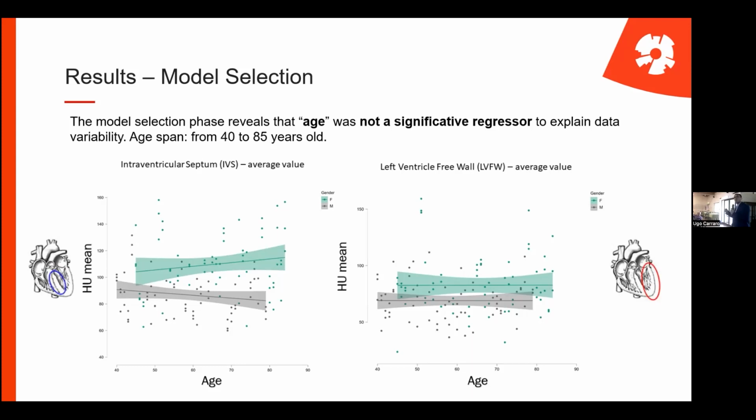In both regions, IVS and left ventricular free wall, there's no clear trend of the parameter, in this case the Hounsfield unit mean, over age. And also in this case, you can see the line is completely flat. We have a lot of variability in our data, so age is not something that influences our parameter.